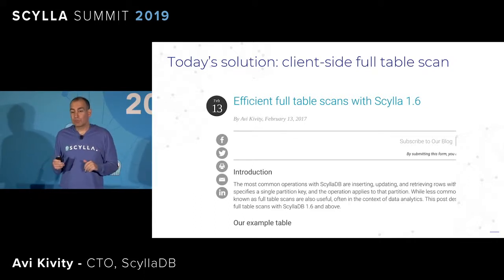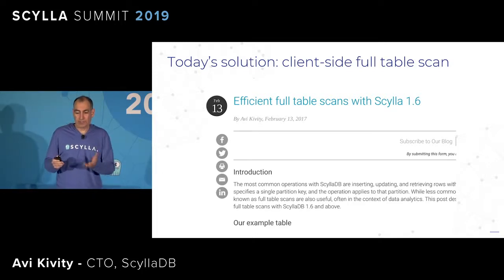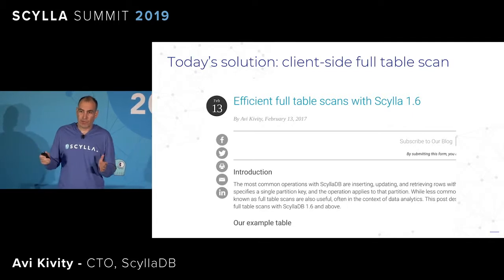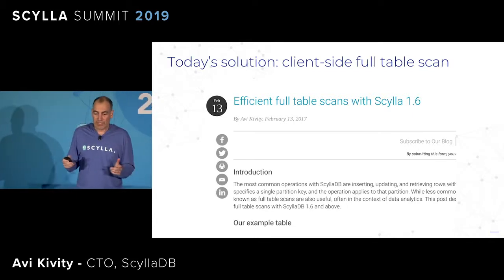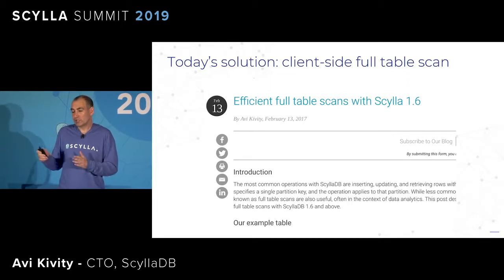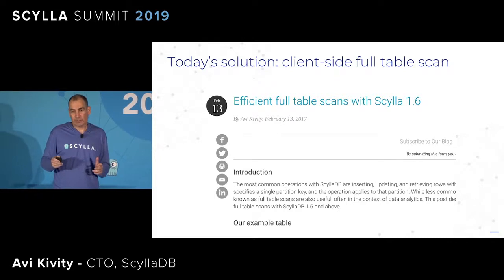OK, so what people do now, I described Spark, but people also do roll-up handwritten code. And there is this blog post I wrote a million years ago about how to do full table scans. And that involves standing up a cluster of workers and then dividing the token range into subranges and issuing read queries in parallel and collecting all of the data back.